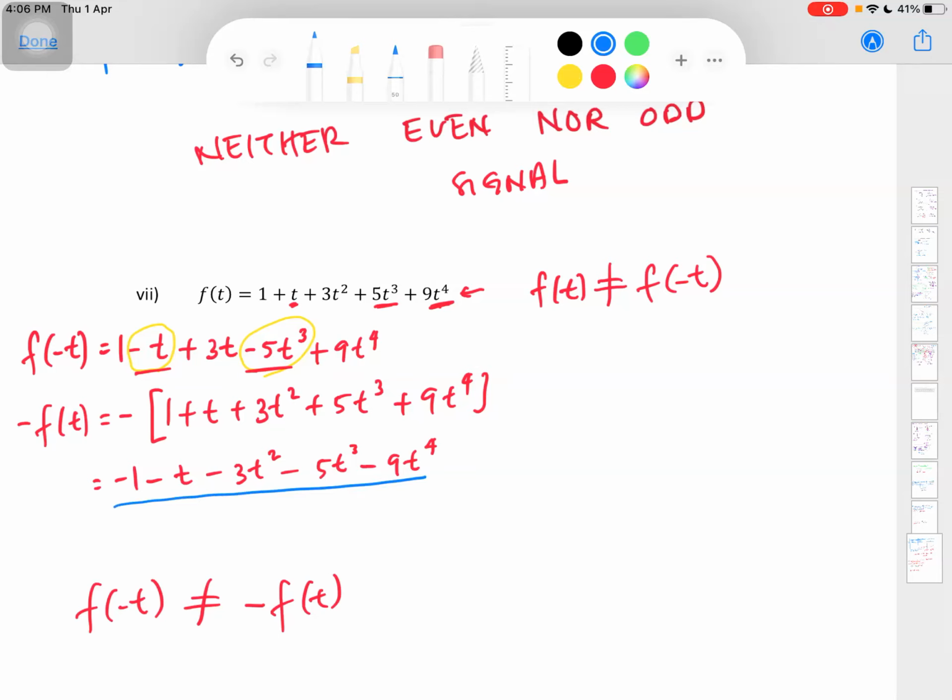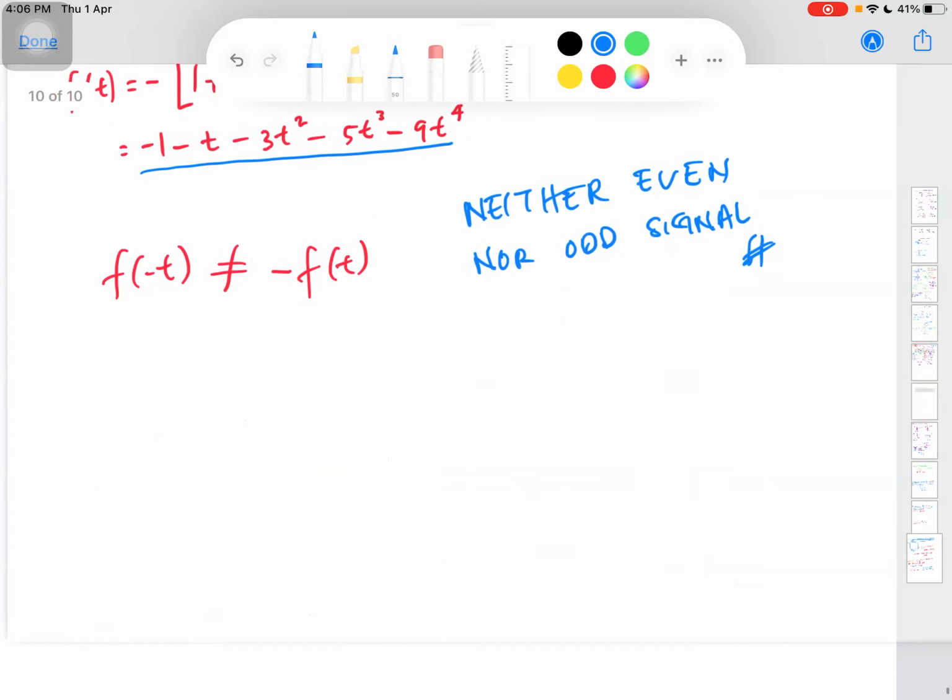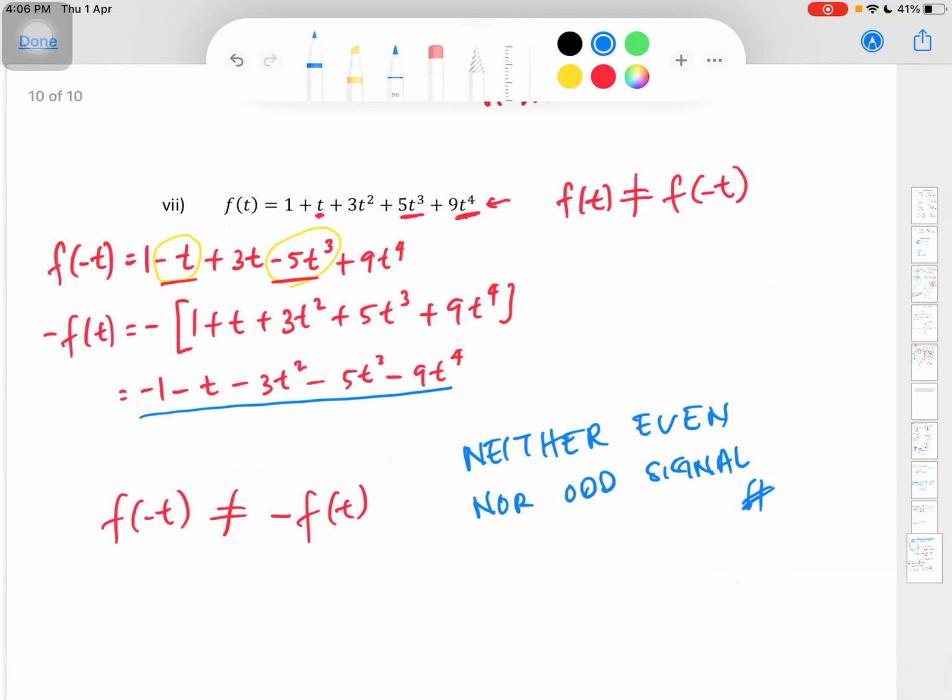So they are also not the same. So this is again neither even nor odd signal. Okay, so I think that's the end of the question.